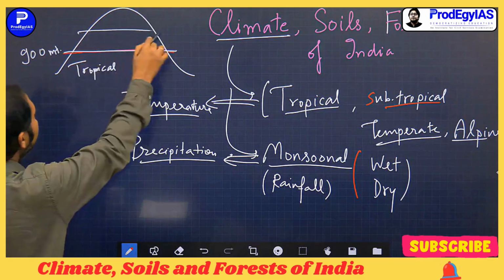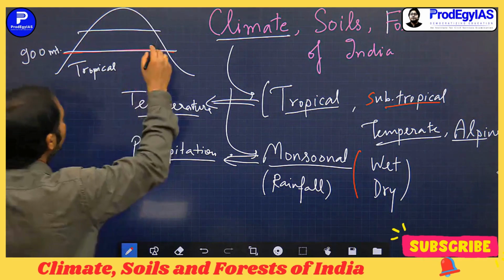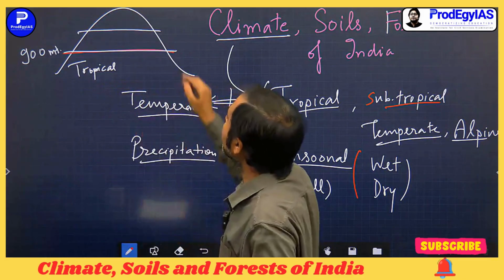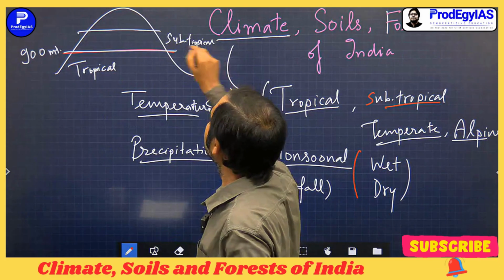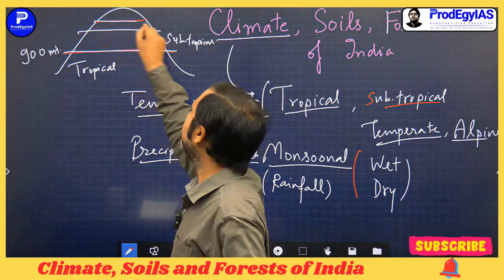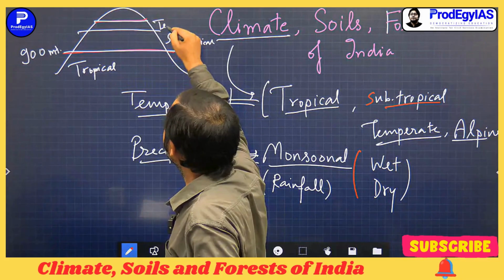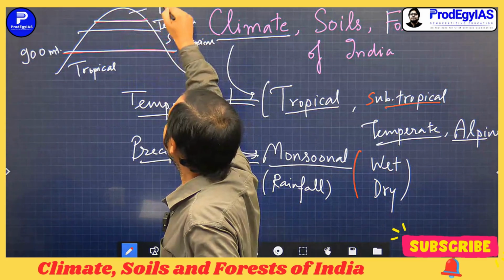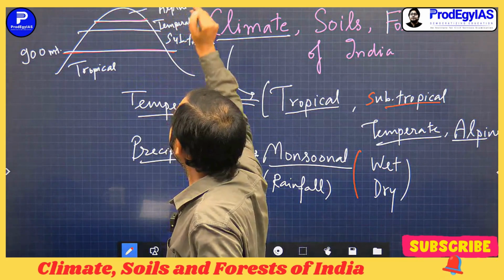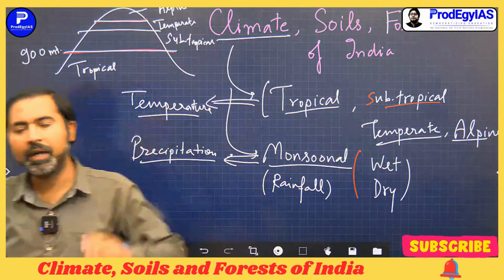As you go higher in altitude, it will become subtropical. As you go even higher, it will become temperate. Then alpine. Right? So this is the sequence as you go higher in altitude.